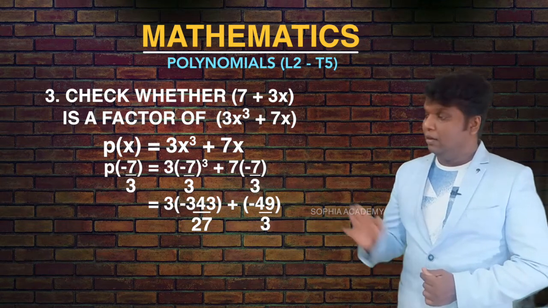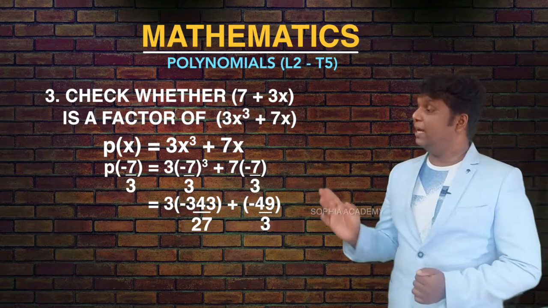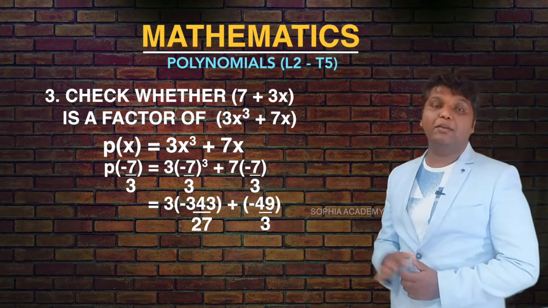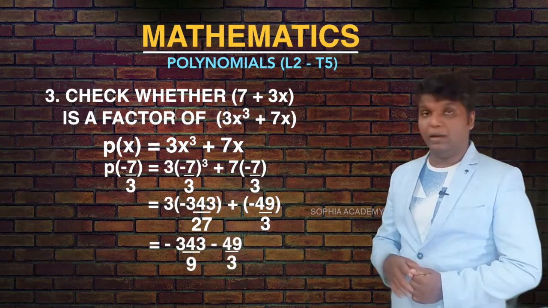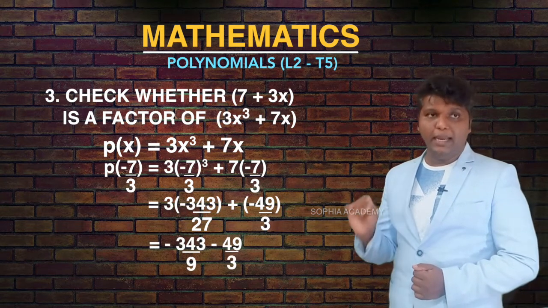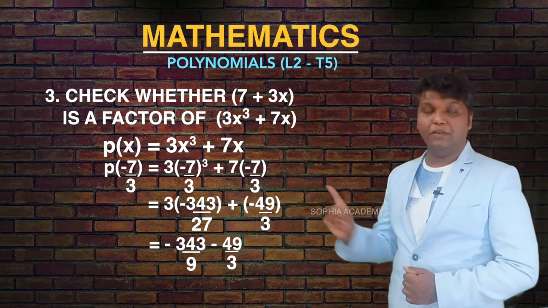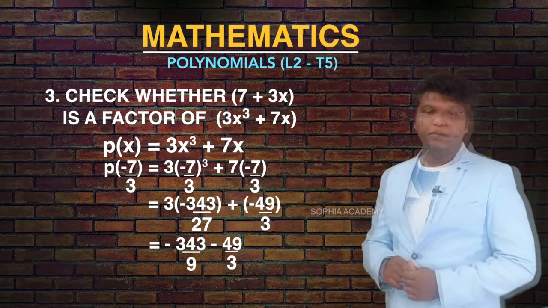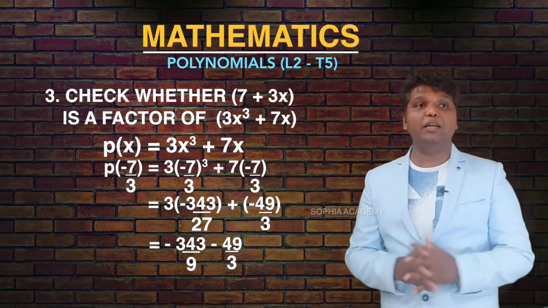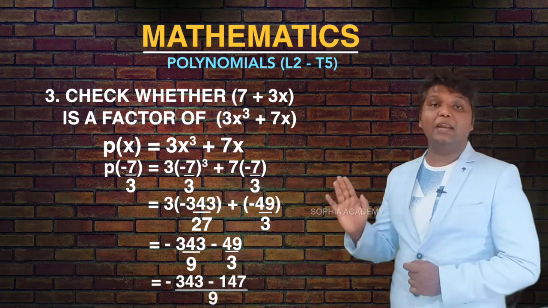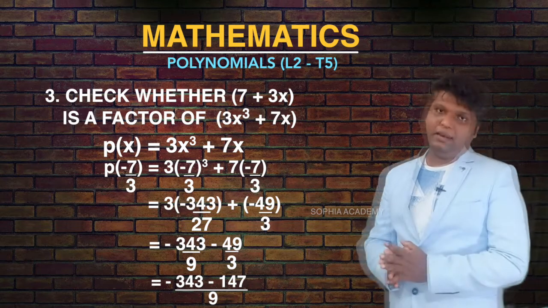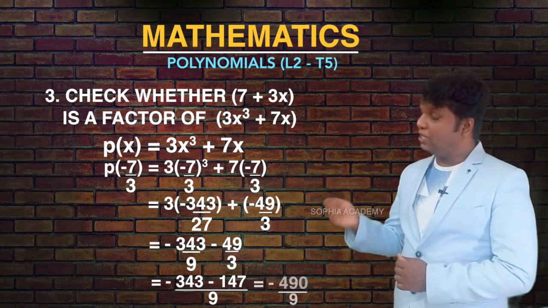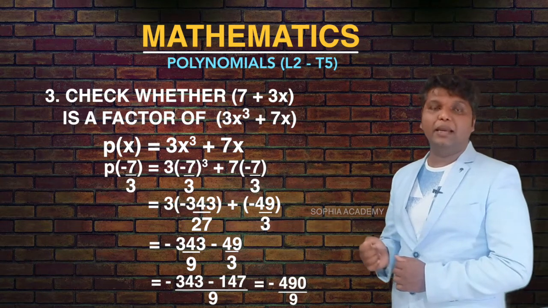Here the 3 and 27 cancel, so 9 will be in the denominator. On top it is minus 343 divided by 9. Again minus, because 7 sevens are 49, so minus 49 divided by 3. Now taking the LCM, finally you get minus 343 minus 147 divided by 9. Next step, that's equal to minus 490 divided by 9.